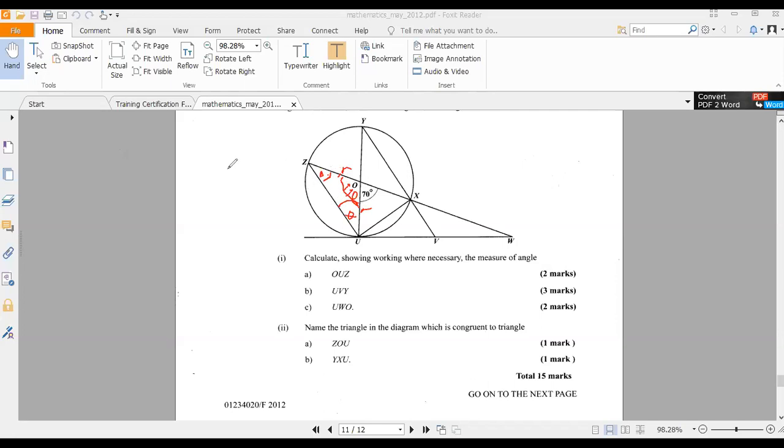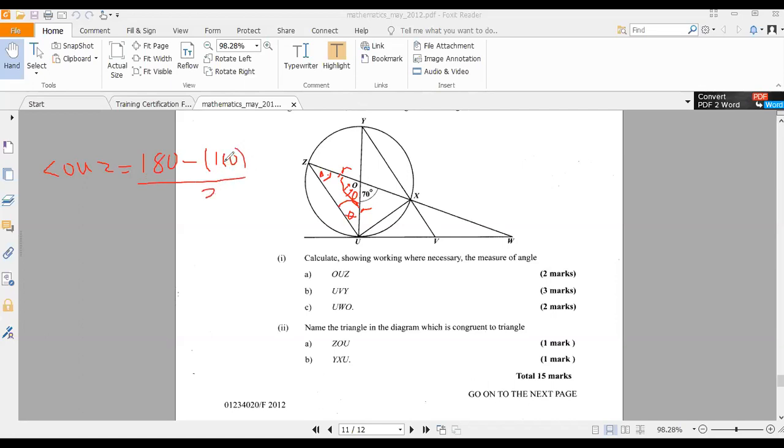So all we are going to do here is this: for me to find angle OUZ, we can say it's 180 degrees minus 110 degrees, divided by 2.